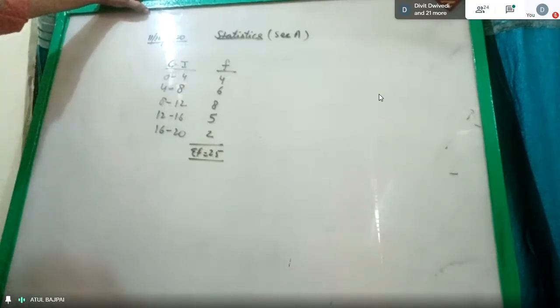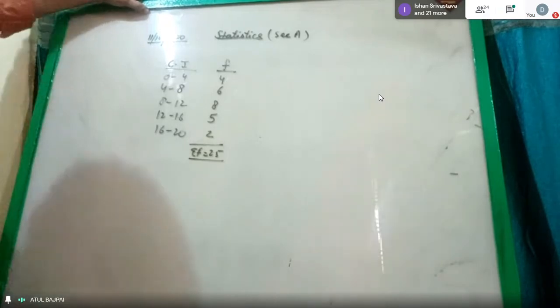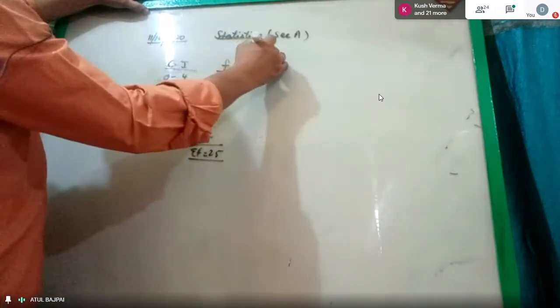If they ask for the mean, we can go by any method. First thing to know: what is the assumed mean over here, and what is the class interval?